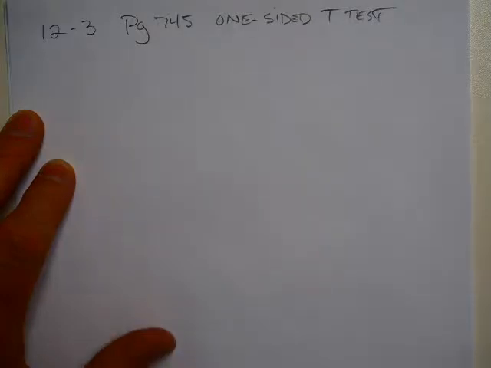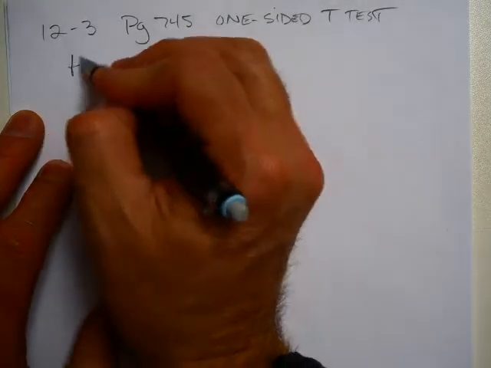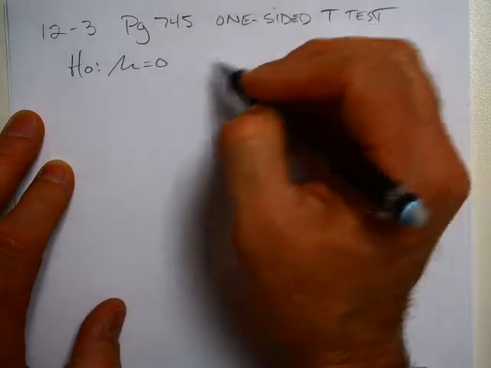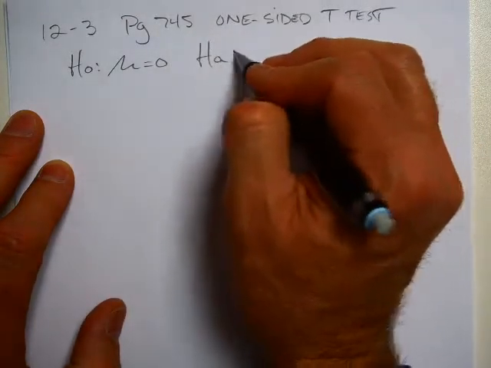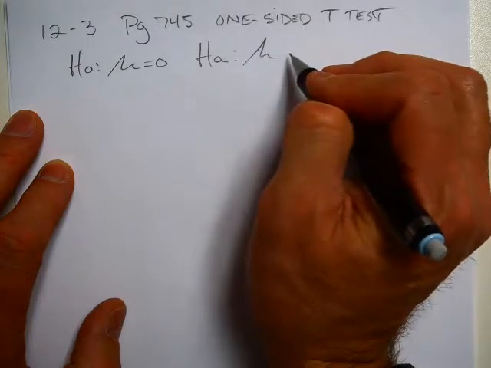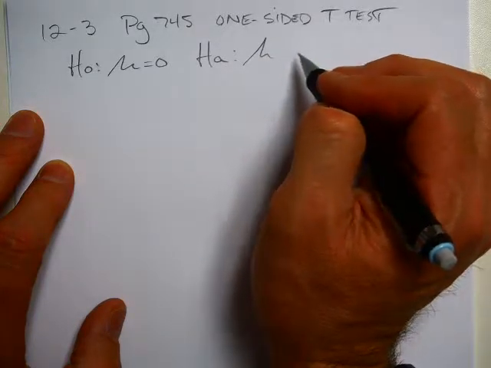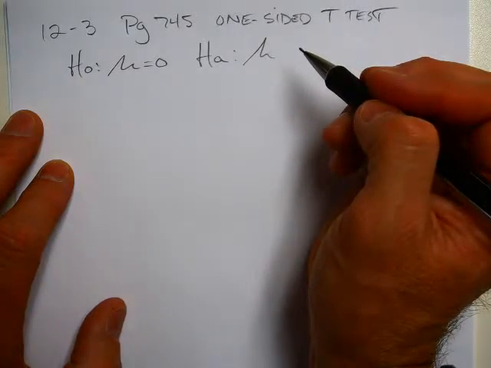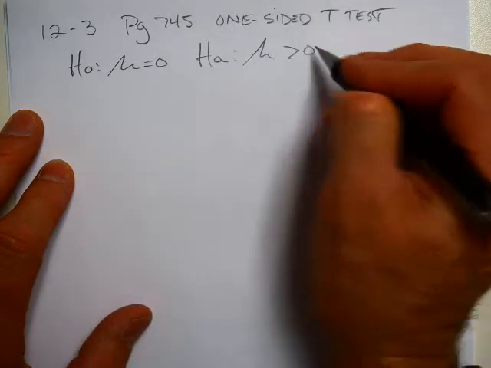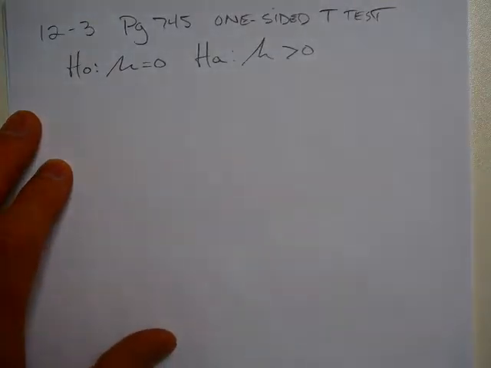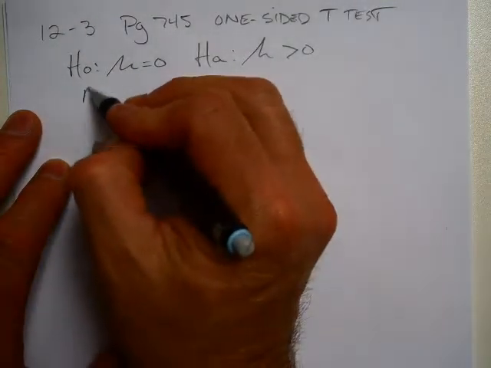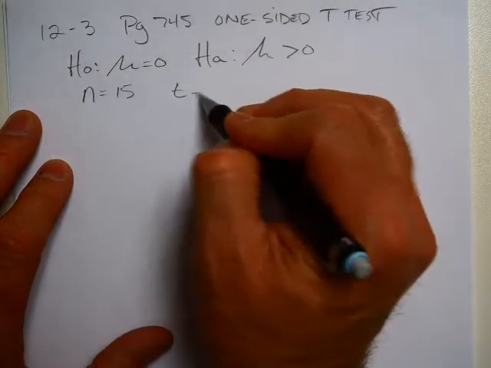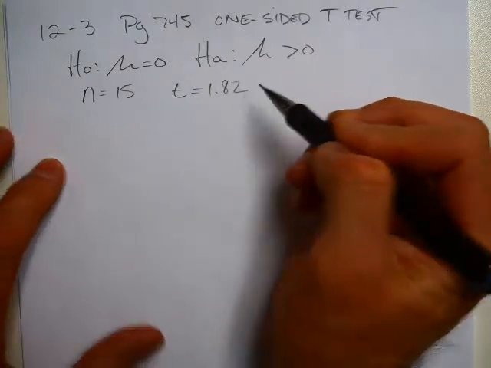Very similar to the example that I just gave. They give us a null and alternative hypothesis. It says n is 15, and t is 1.82.